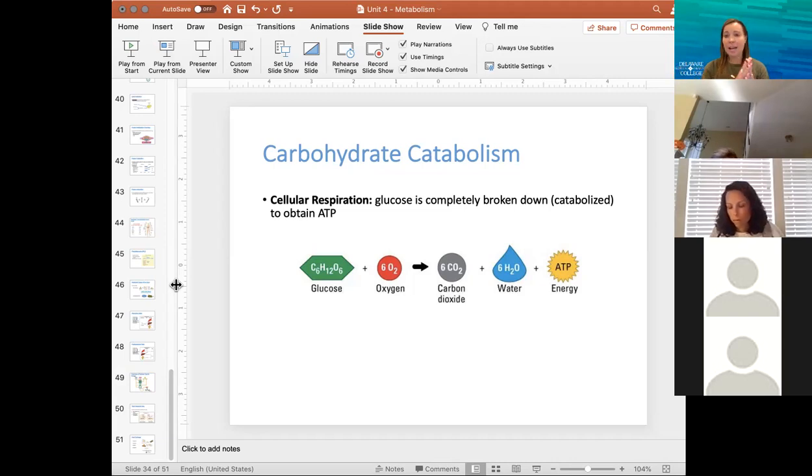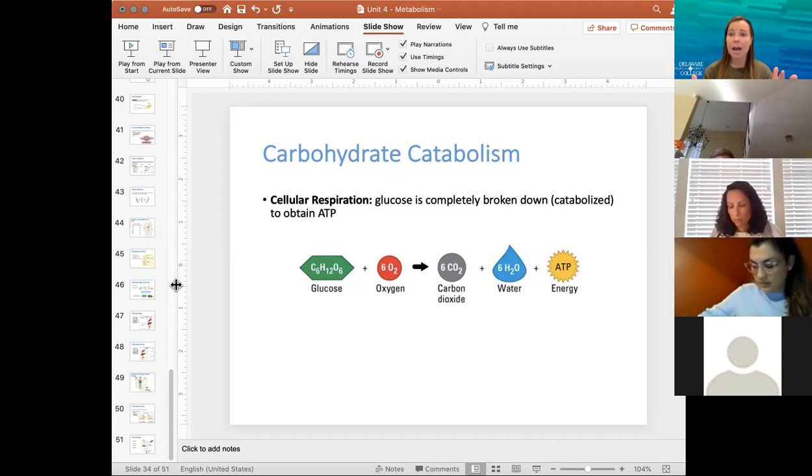It's actually a series of 4 steps, and that's what the recorded lecture is going through. It thoroughly explains those 4 steps in the process of breaking down a glucose molecule to get ATP. Once you have that ATP, it is used as energy to give your cells energy.